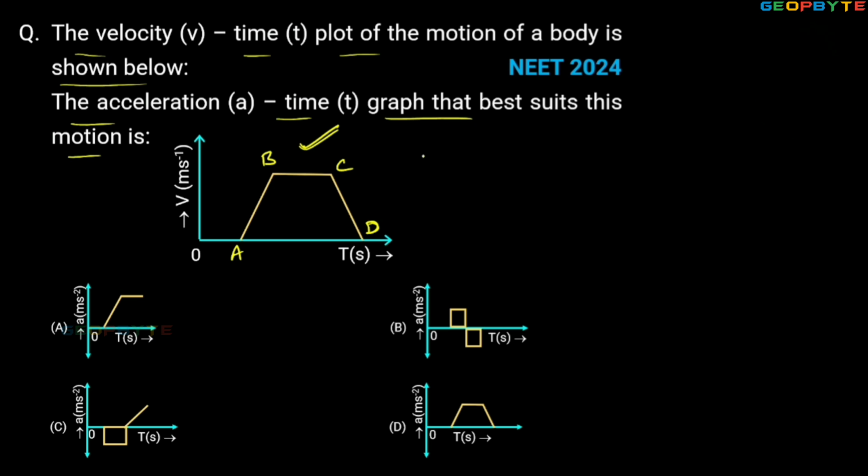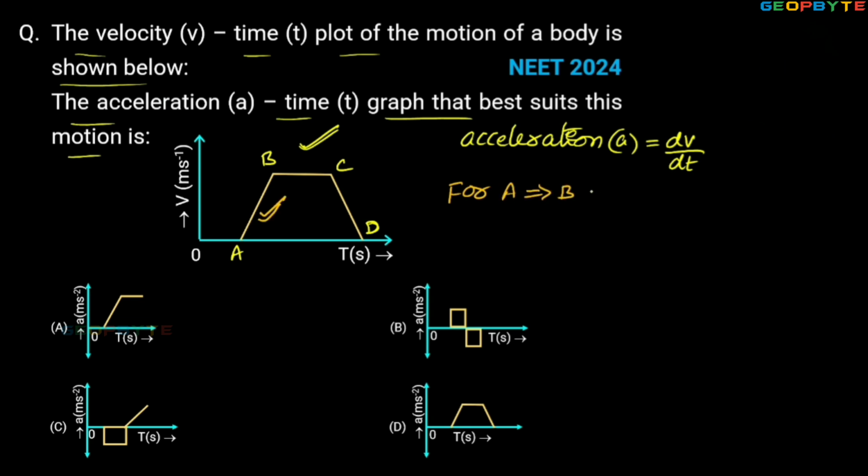As you know, acceleration a equal to rate of change of velocity, dv by dt. Look at the diagram for A to B in this region.